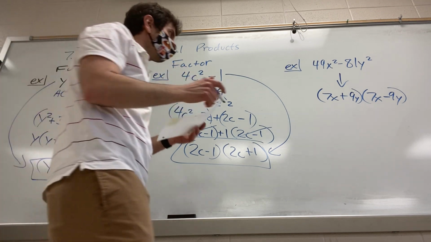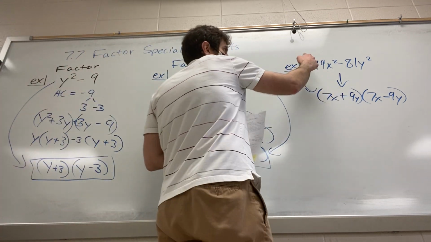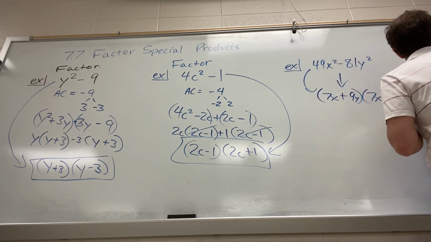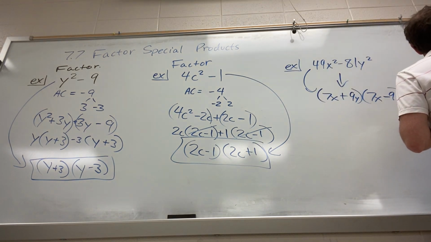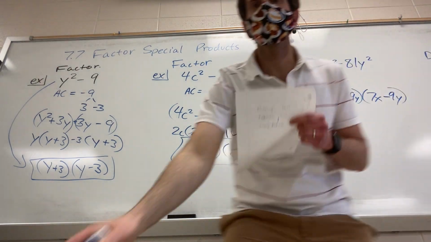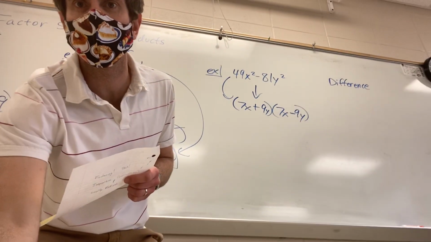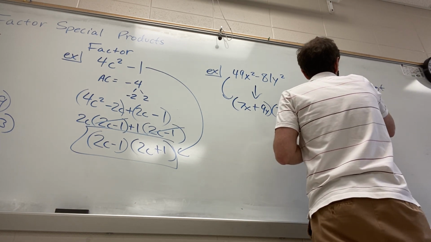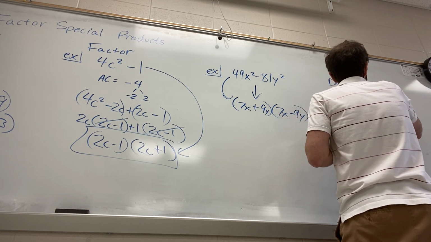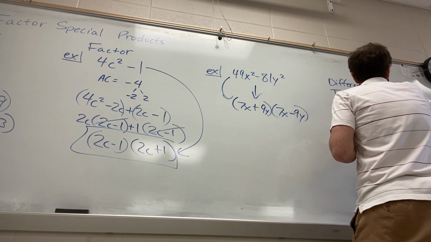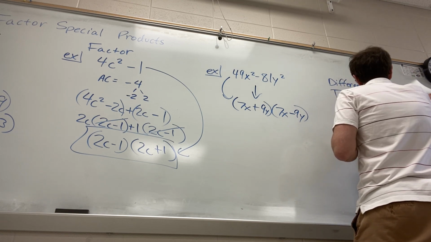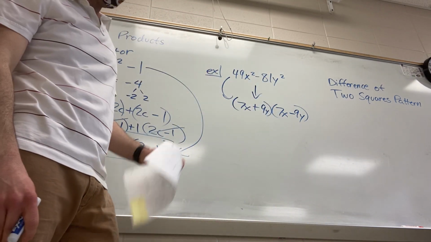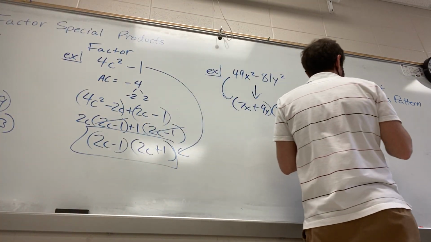So what this pattern is, how we're going from here to here, is called the difference of 2 squares pattern. It goes like this.